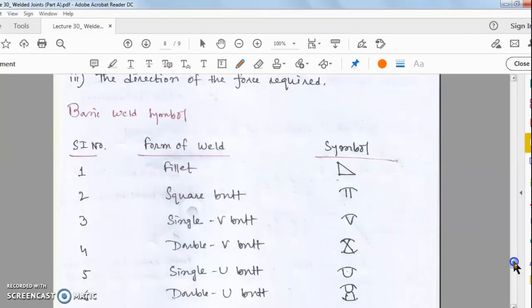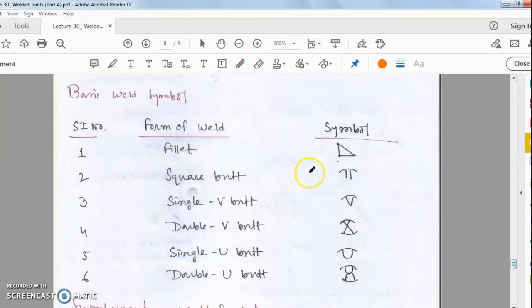Next, come to the basic weld symbols. These symbols are represented in drawings. If you see any engineering drawing or any design, you can see that for the parts which are joined, these symbols are absolutely there in those drawings.